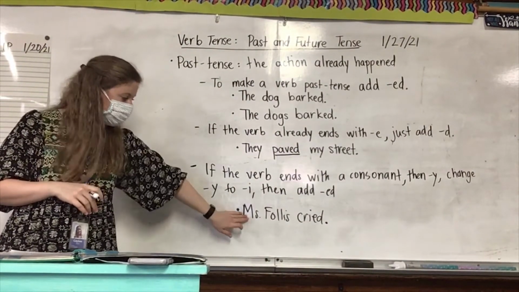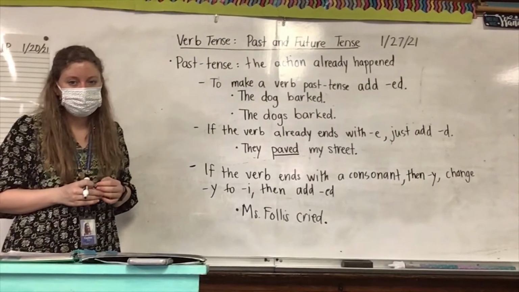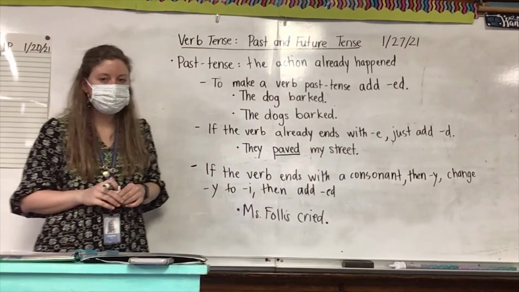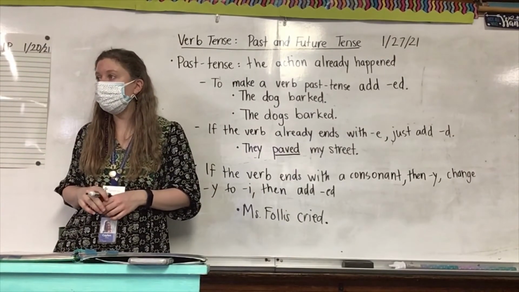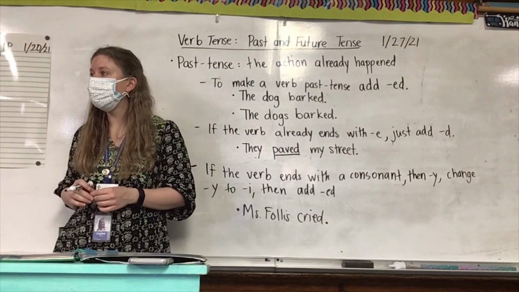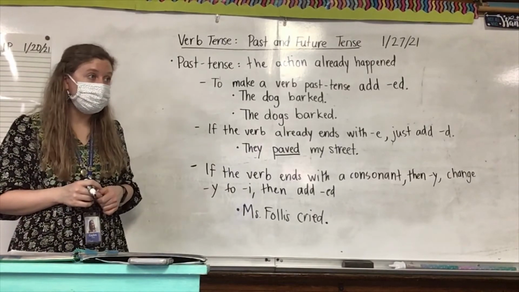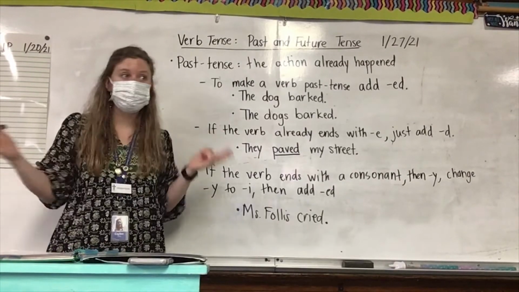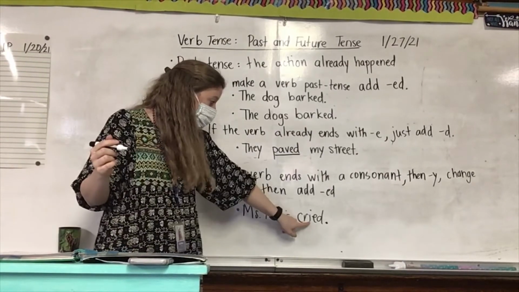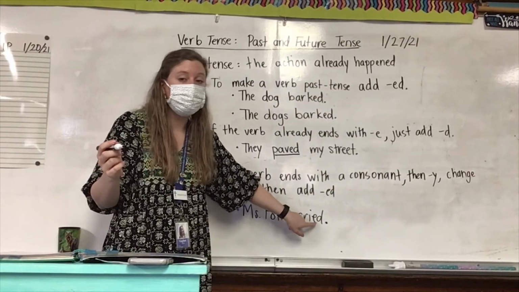Is this a verb? Is Miss Bolus an action? No. So what's the base verb? Please answer the question I'm asking. Victoria. Cry. How do you spell cry? C-R-Y. Cry ends with consonant Y. R is a consonant, Y is Y. So you replace the Y with an I and then add ED.